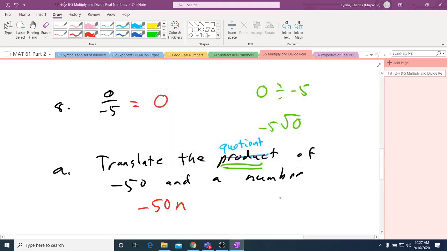So if this was the case, your negative 50 would be on top, whatever number or even letter comes first will go on top, and the n separates it. So this would be negative 50 over n.